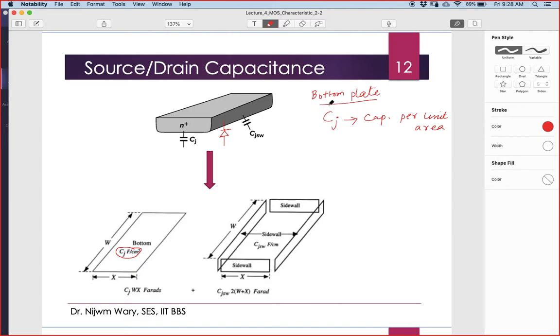So CJ is defined as the capacitance per unit area, and for the side wall it is defined as capacitance per unit length, like CJSW.